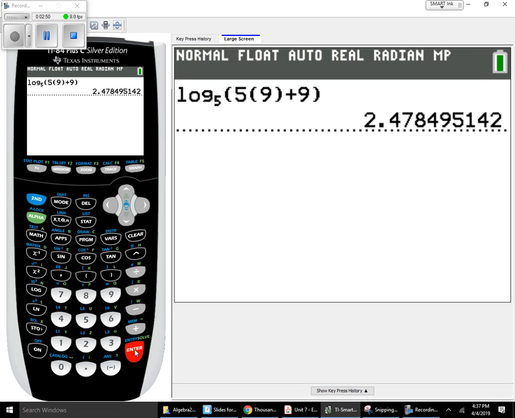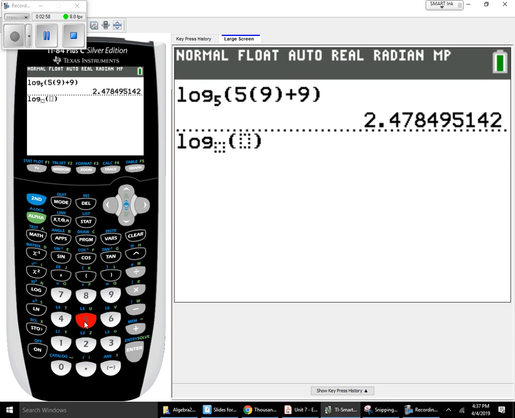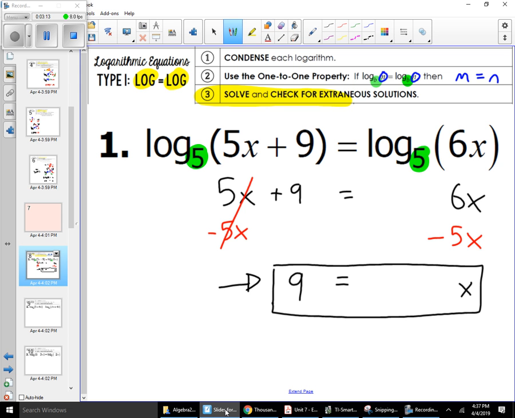Nice, I did not get a domain error or non-real answer. That should equal the same thing I get on the right-hand side. On the right-hand side, I have a log base 5 of 6x, and again, x was 9. These should be equal. Lo and behold, we're good to go. I got the same thing on the left as I did on the right, so that answer checks out. That one is good.